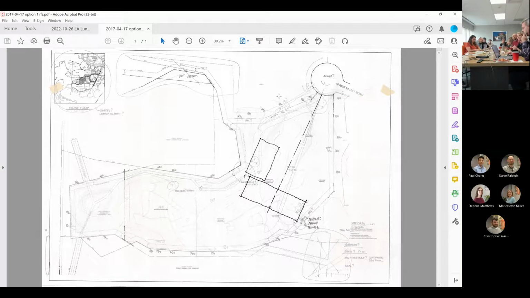North is always straight up on our plans. There's also a fair amount of topography on this site, but ignoring that for the time being, these were some basic layouts of the building footprints, the orientation of the buildings, and which way we really wanted to turn those. And go back to the next.